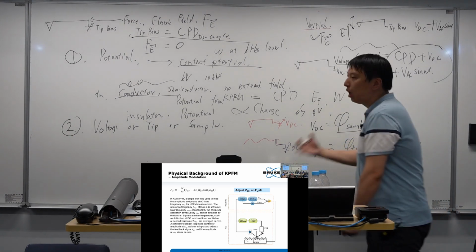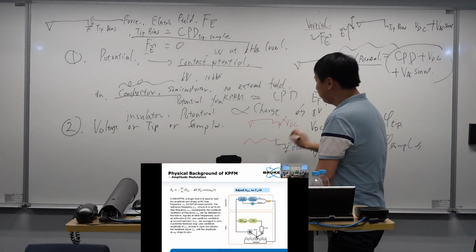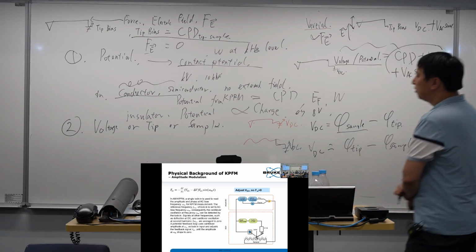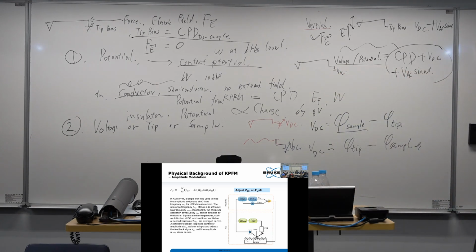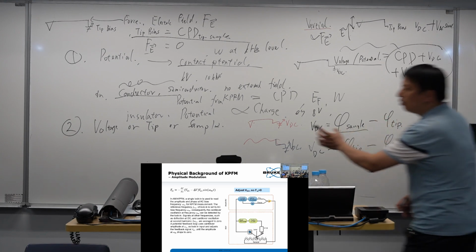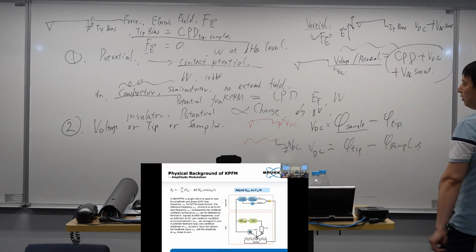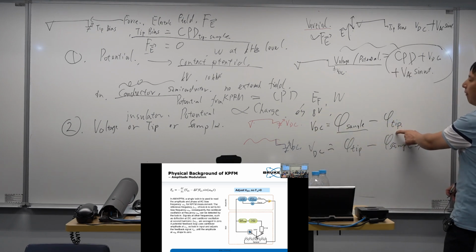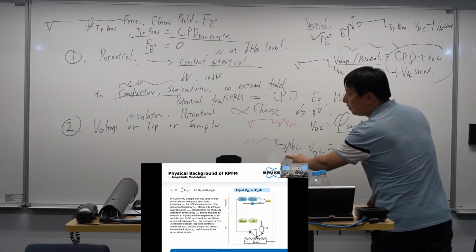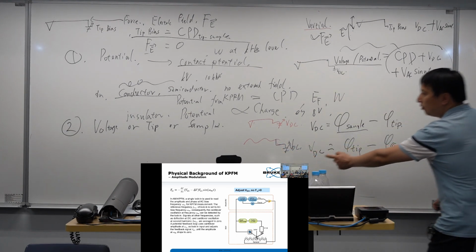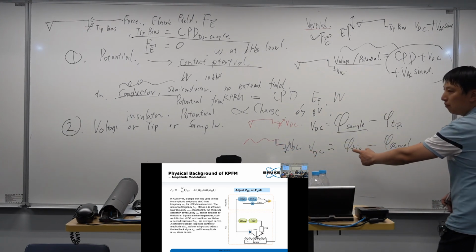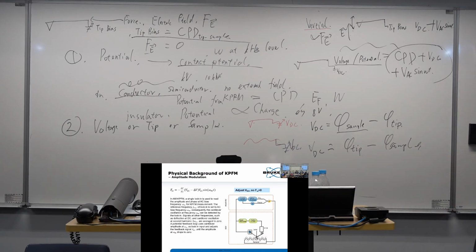Our result is always this VDC. So if you apply your voltage on the tip, the VDC you get is the potential of sample minus tip. If you apply your VDC on the sample, the VDC you get is the potential of tip minus sample. So you compensate on which one will be minus.